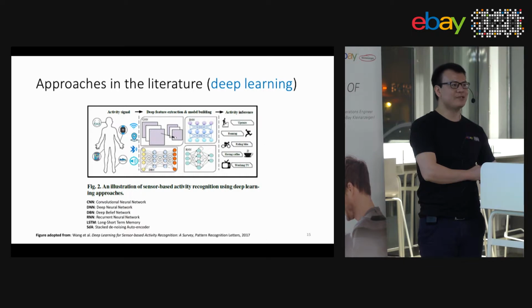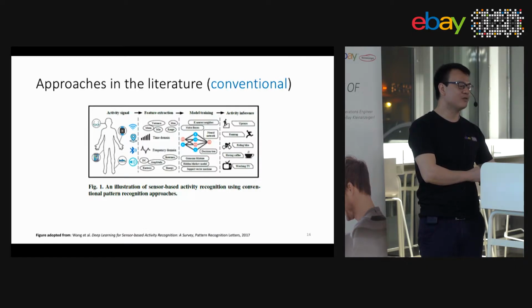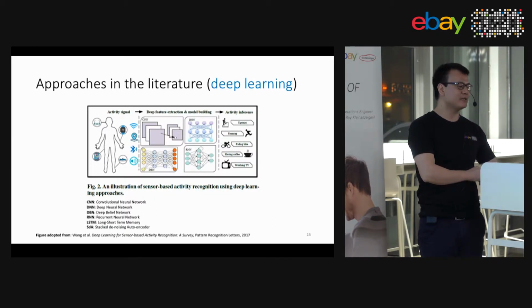The last column is what we want: we want to classify it into different activities like running, cycling, etc. The difference between the conventional machine learning methods and the deep learning methods lies in the middle part of this chart.